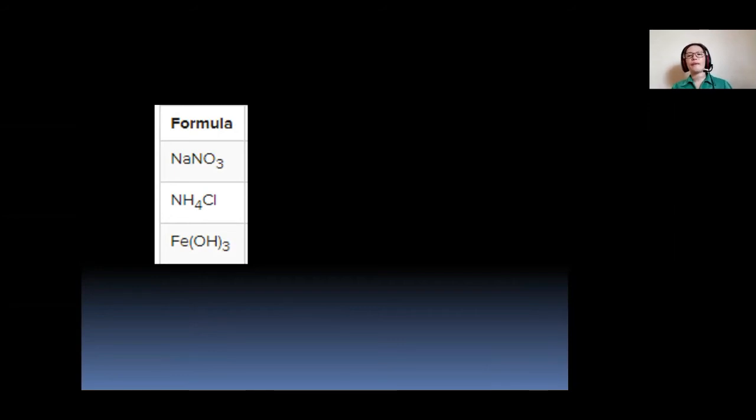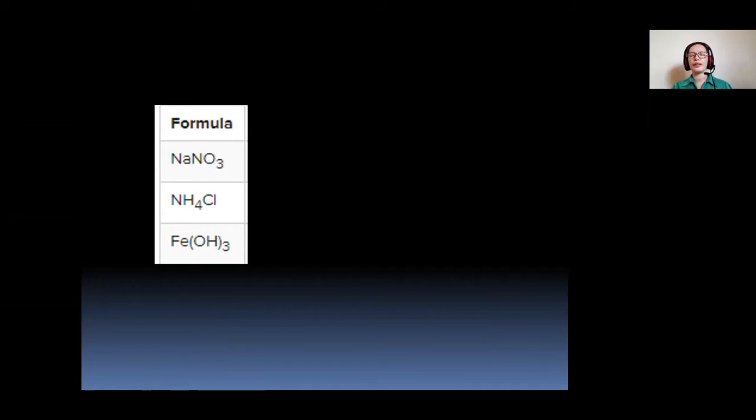And for the last example, take a look at the cation used. It's iron. If you are to go back, iron has 2 oxidation numbers. So in this formula, iron makes use of the higher oxidation number, which is positive 3.